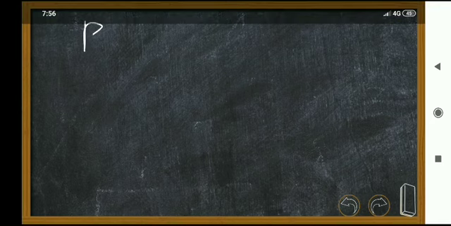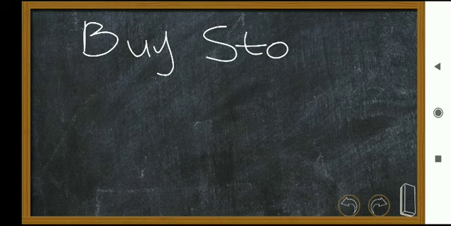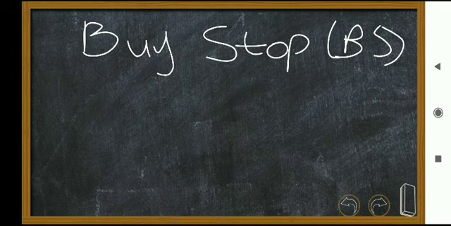So I'll start with the buy stop. This is for the buy stop. Remember, the stops are put where you know that price will touch that price, then continue in that direction.